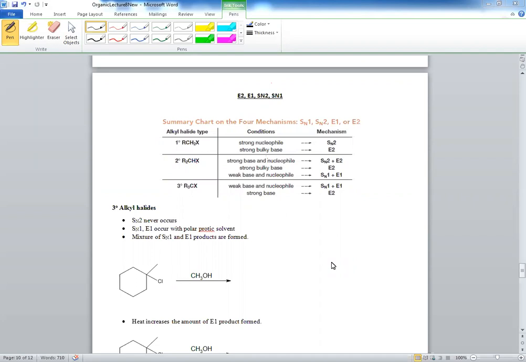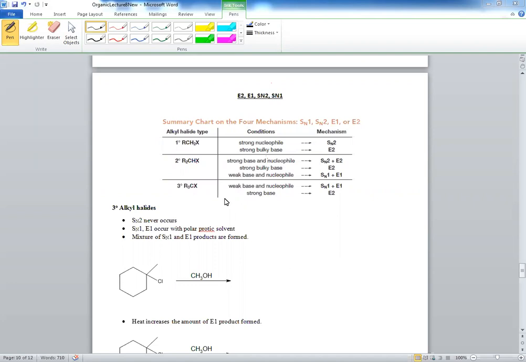Be aware that in order for you to do this, you really have to have a thorough understanding of each mechanism, its transition state, energy diagram, rate, of course, solvent, alkyl halides, base or nucleophile, etc. So all of this is now going to be applied.